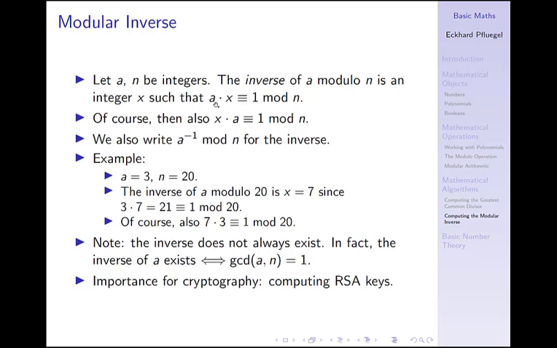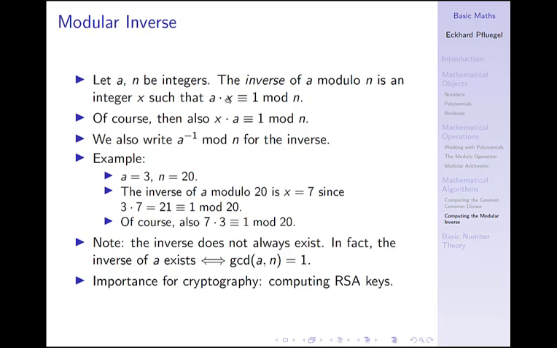Now with modular arithmetic, and that's what we're doing here, you don't necessarily have a corresponding number so that you actually find this inverse, but if it does exist, then you would call it an inverse, wouldn't you?